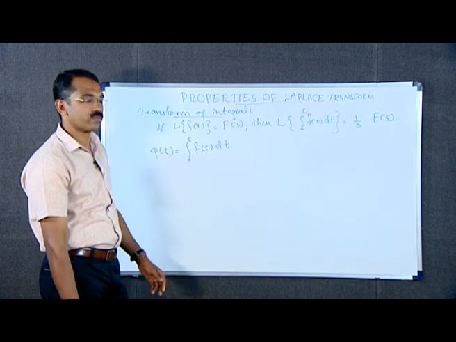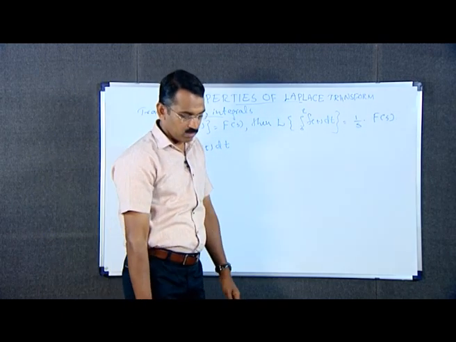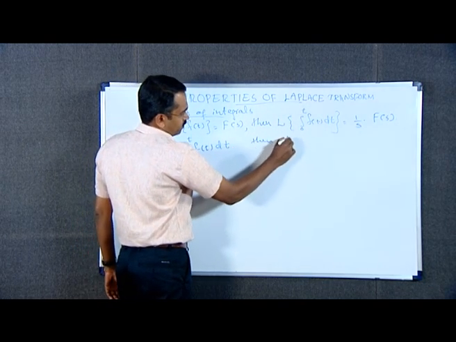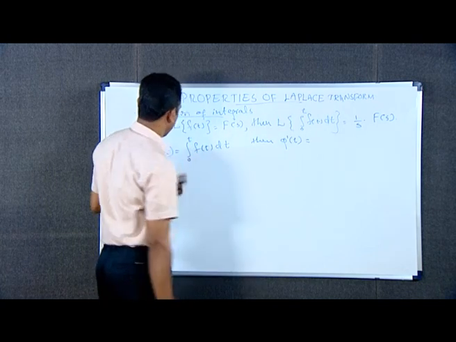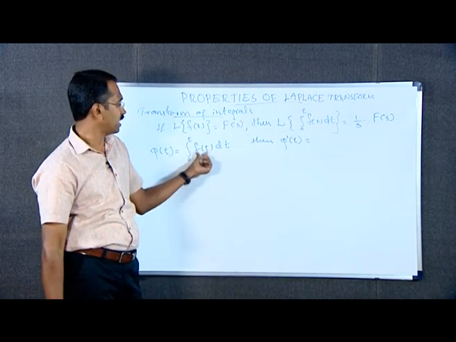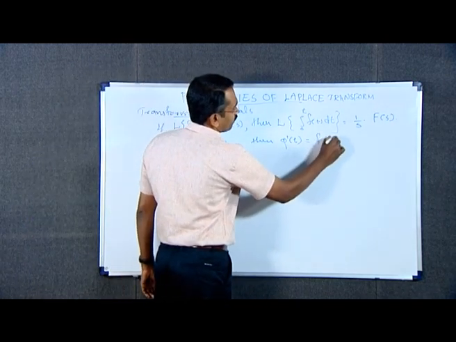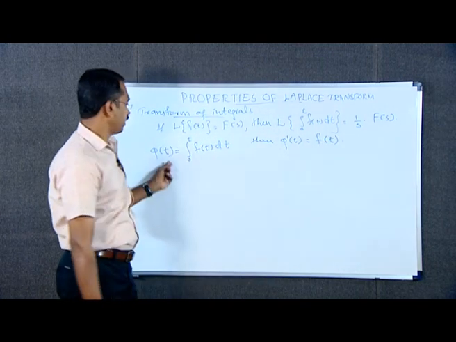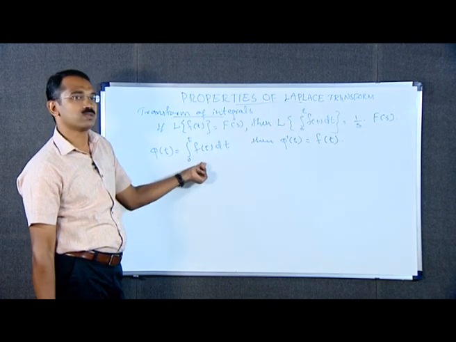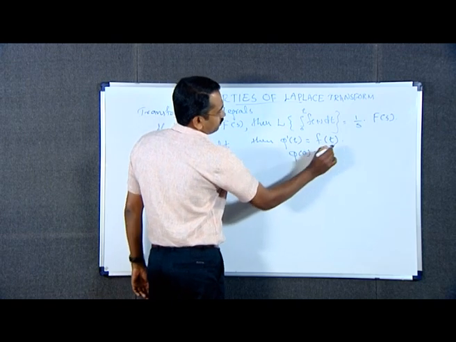Then we can write phi dash of t: if phi of t equals the integral from 0 to t of f(t) dt, it means phi dash of t is equal to f(t). And clearly when t equals 0 we get phi of 0 as 0.